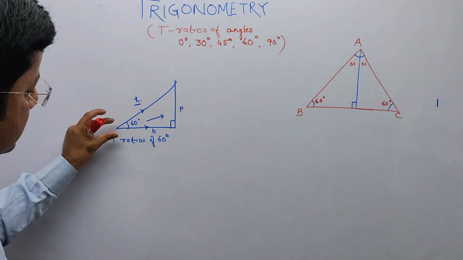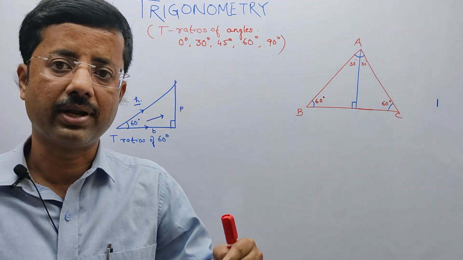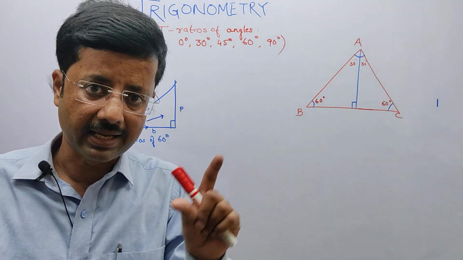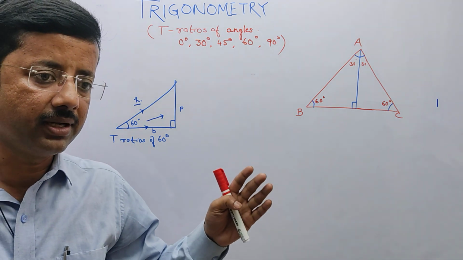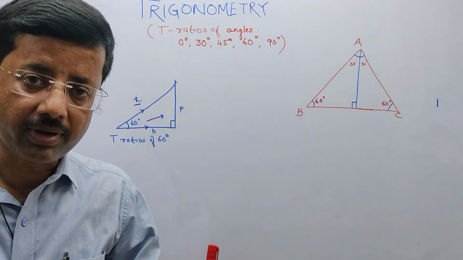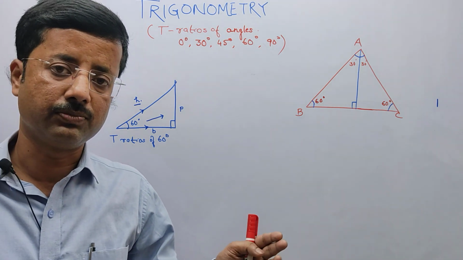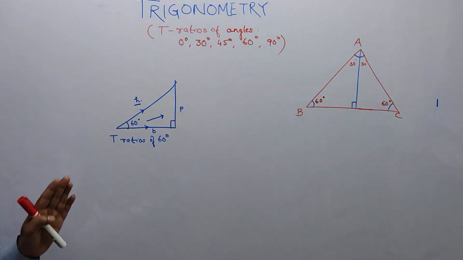This is the same whether you make a triangle small or big. This 60 degree angle which is subtended is the same. It doesn't mean that in a bigger triangle we have a bigger 60 degree angle, or in a smaller triangle a smaller 60 degree angle. In all the triangles the angle is the same.